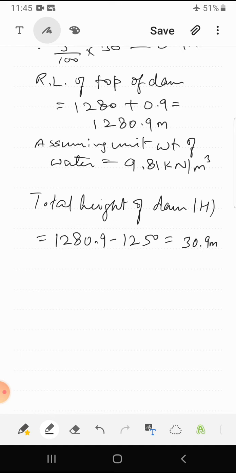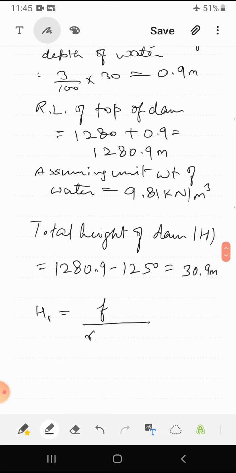Now we have to check whether it is a low gravity dam or a high gravity dam. First we have to calculate the limiting height. H1 is equal to safe compressive stress of dam material, that is F, divided by unit weight of water into specific gravity plus 1.